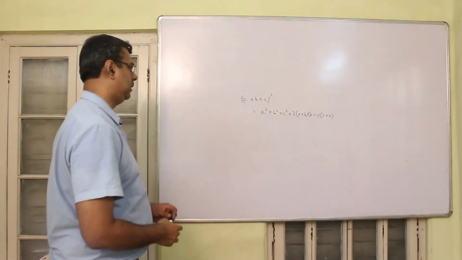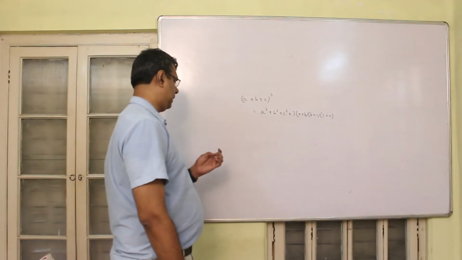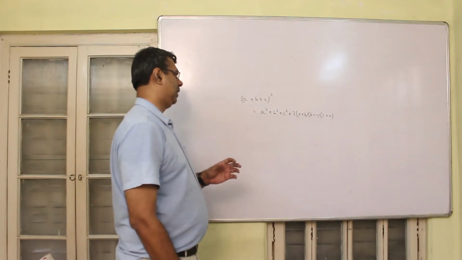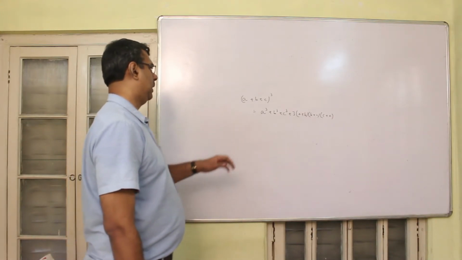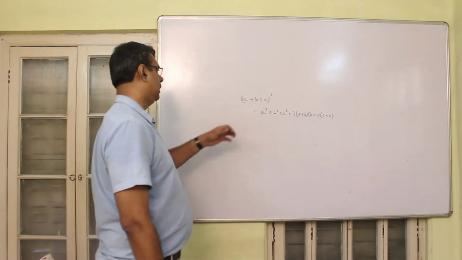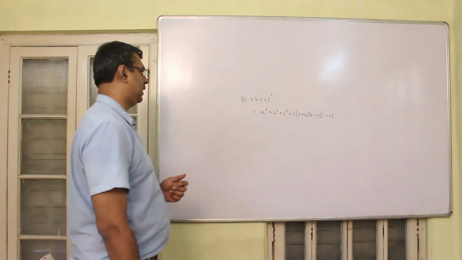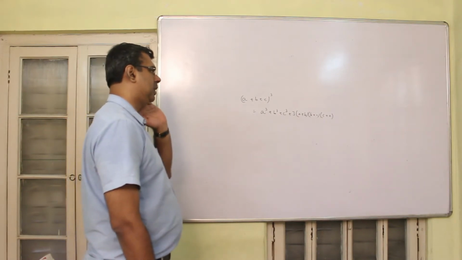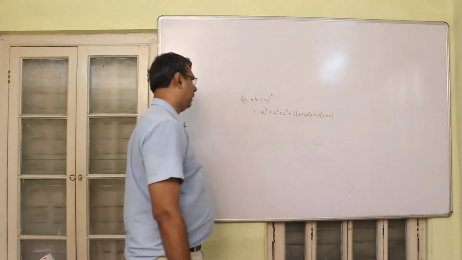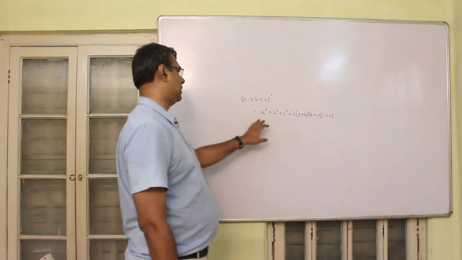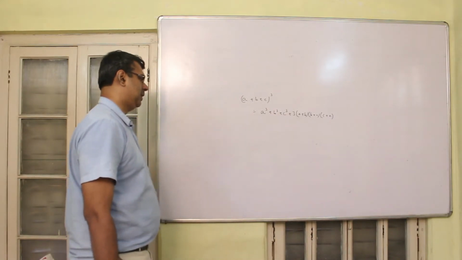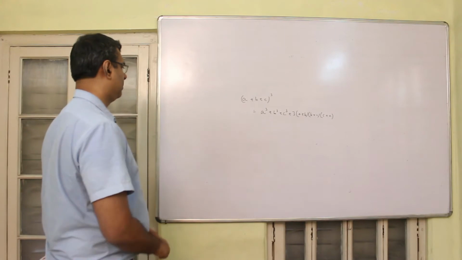This is a very important identity in certain very rare questions which cannot be solved very easily by using the binomial cubic expansion. This particular trinomial cubic expansion has got tremendous usage, and you can see that it has a very nice symmetry about it. (a plus b plus c) whole cube is a cube plus b cube plus c cube plus 3 into (a plus b) into (b plus c) into (c plus a).